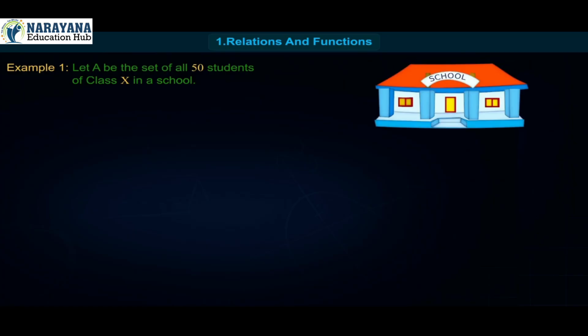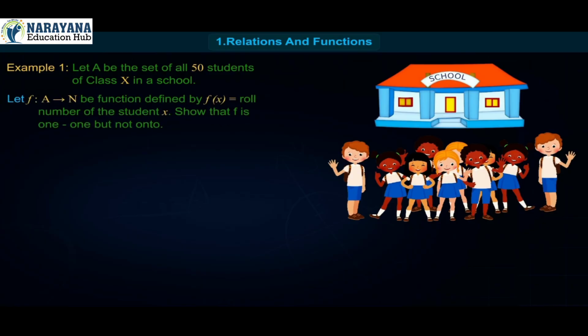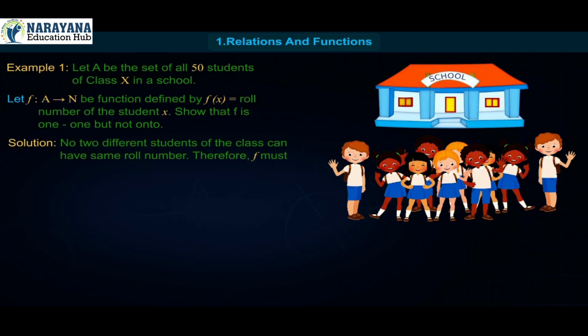Example 1. Let A be the set of all 50 students of class 10 in a school. Let f from A to N be the function defined by f(x) equals the roll number of the student x. Show that f is one-one but not onto. Solution. No two different students of the class can have the same roll number.